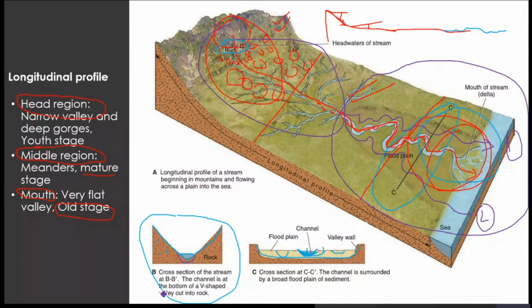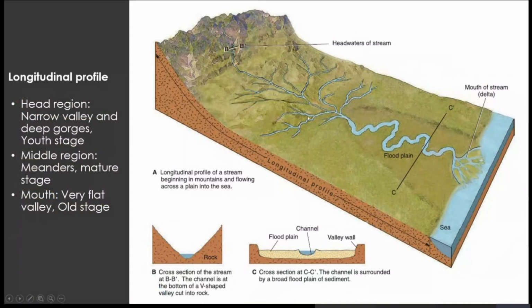So this is the general idea about the geological character, or the longitudinal profile of a river, which shows three parts: head region, middle region, and mouth region.